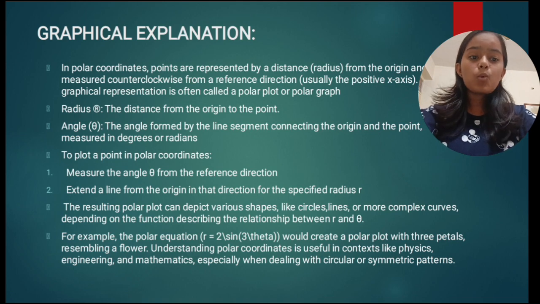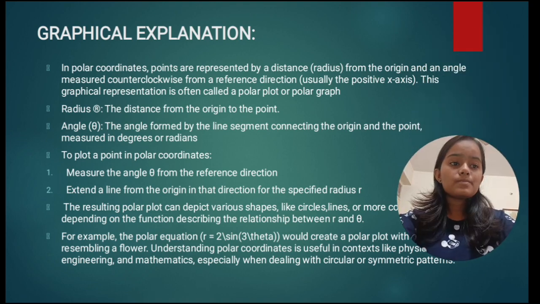For example, the polar equation r = 2 sin 3θ would create a polar plot with 3 petals resembling a flower. Understanding polar coordinates is useful in contexts like physics, engineering, and mathematics, especially when dealing with circular or symmetric patterns.